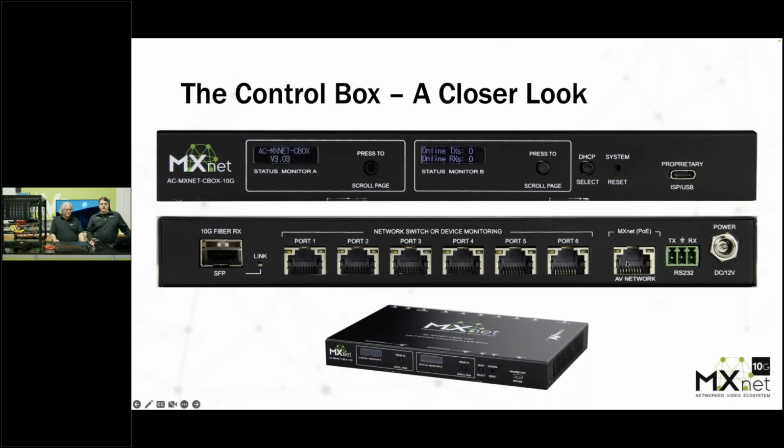You have your PoE connection, so this is what sends the signals back and forth from your system to your network. And then you also have these 4 ports for redundancy as well as switch management. Yep. And nice little screens on top so that you can go in here, click, click, click, find that IP address, and then you can connect right to that Mentor.